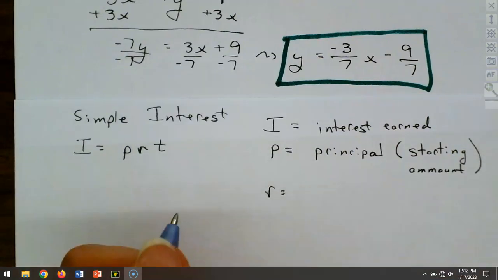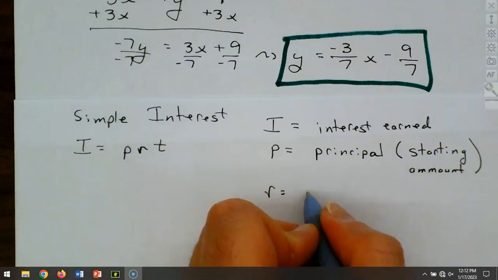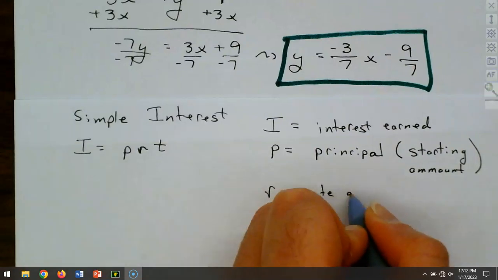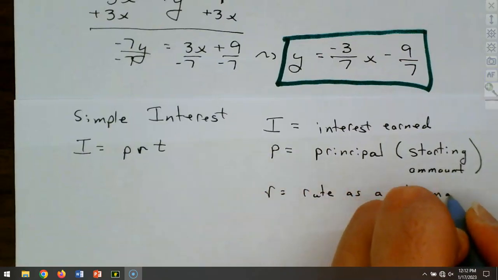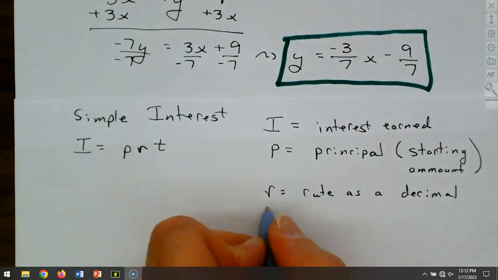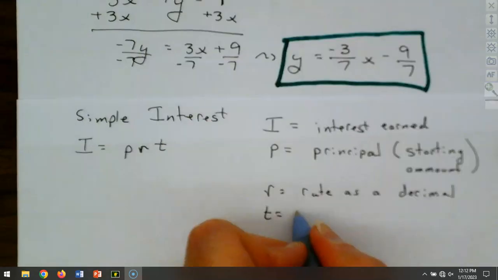R is the interest rate as a decimal. And T is the number of years.